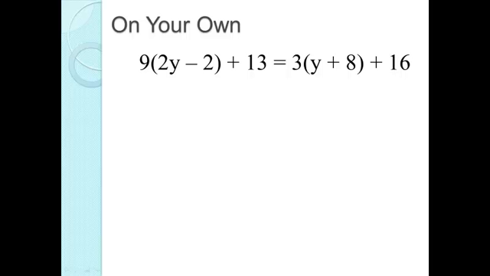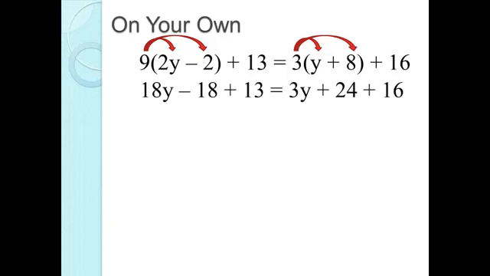Your first step should have been to distribute on both sides of the equal sign. On the left-hand side, we will distribute the 9, and on the right-hand side, we'll distribute the 3. Our rewritten problem would then be 18y minus 18 plus 13 equals 3y plus 24 plus 16.